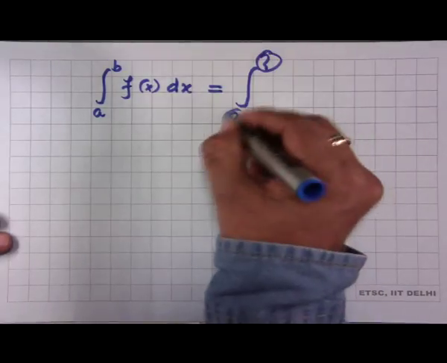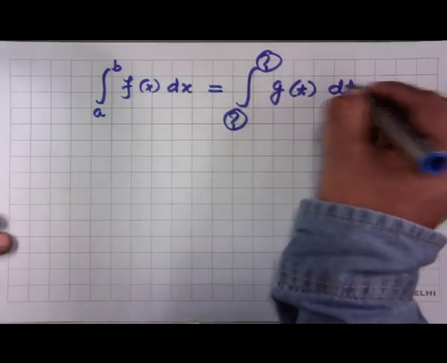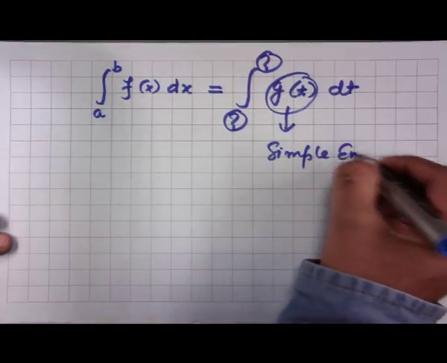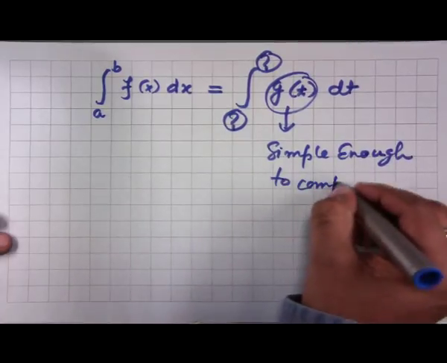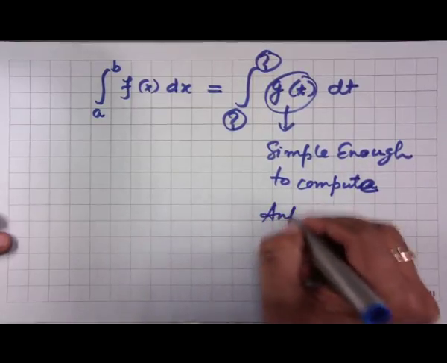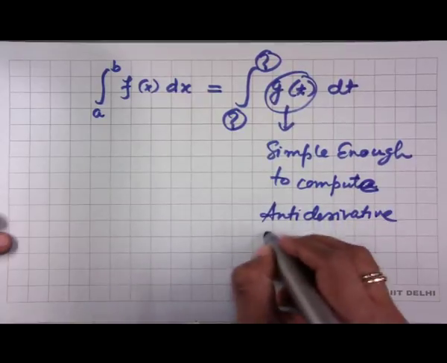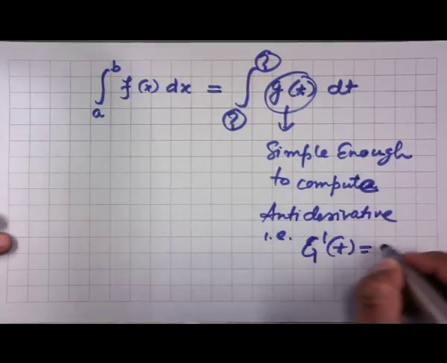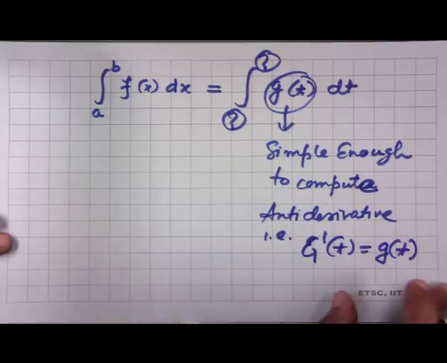These limits will be different, and we get another function which is simple enough to compute the antiderivative. That is, there exists G(t) such that G'(t) is equal to small g(t).